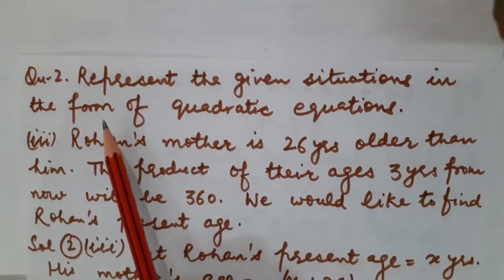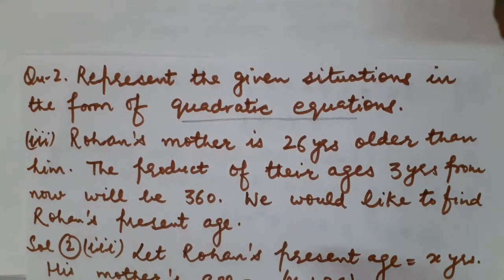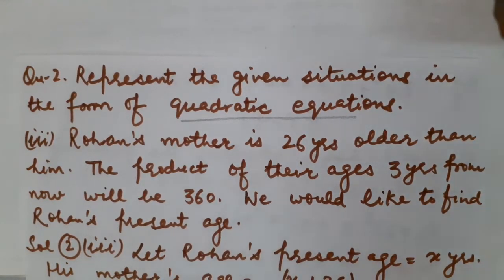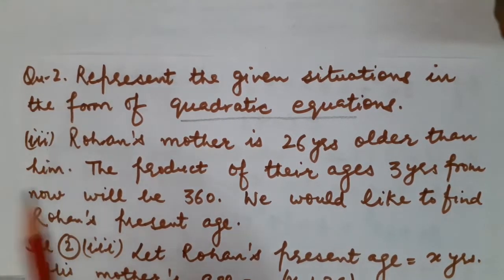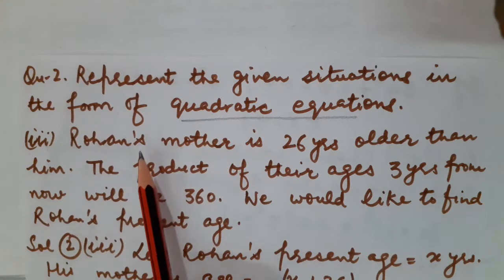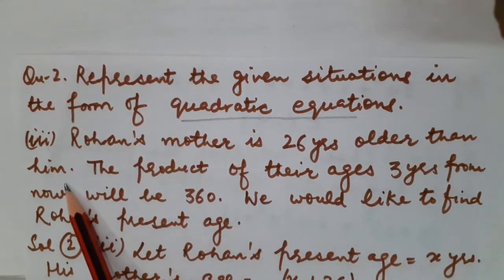Now children, let us switch to question number 2 of exercise 4.1. Represent the given situation in the form of quadratic equation. Again, you will be having a kind of word problem given and you have to just form the quadratic equation. Fine. So I am going to take second question, third part. The statement is, Rohan's mother is 26 years older than him.